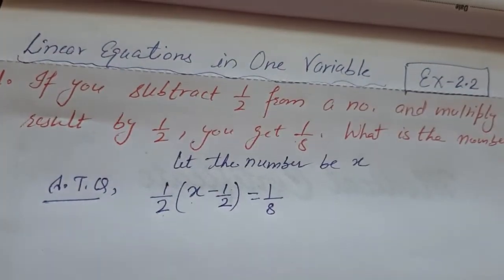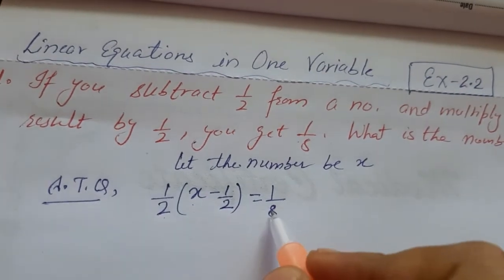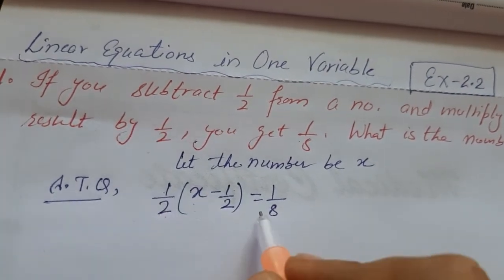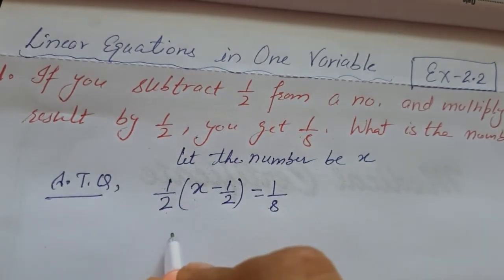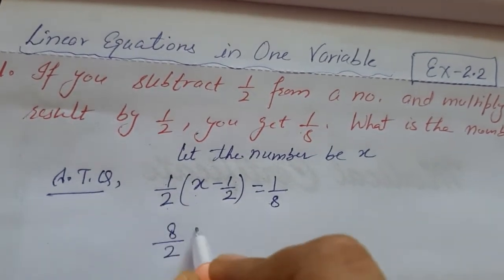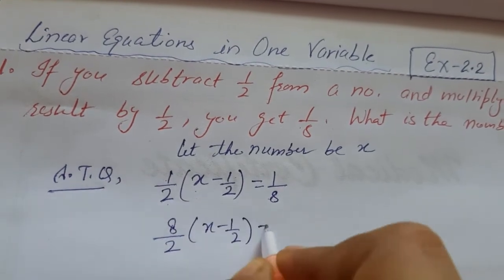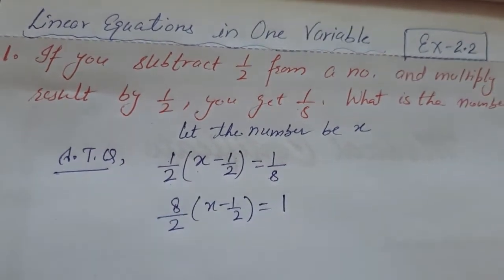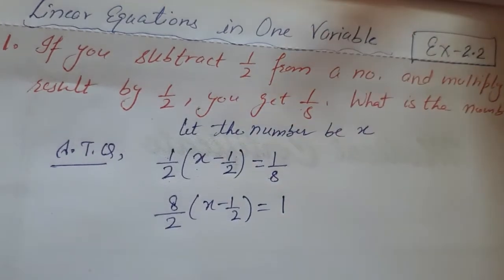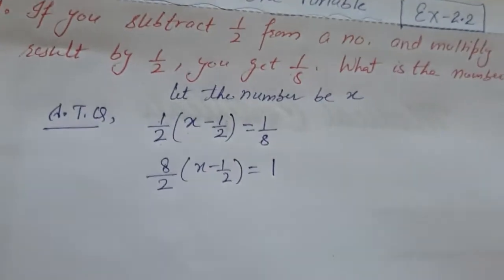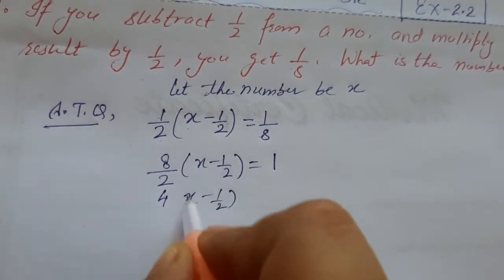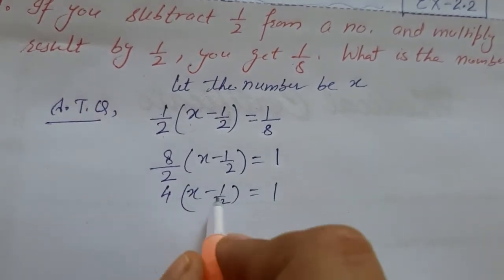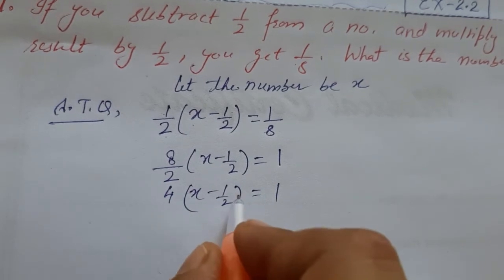So next, we have to solve it. We will cross multiply 8 here. So it will become 8 by 2 times x minus half is equal to 1. Next step, it will become 4 times x minus half is equal to 1. Now multiply 4 with both the terms.